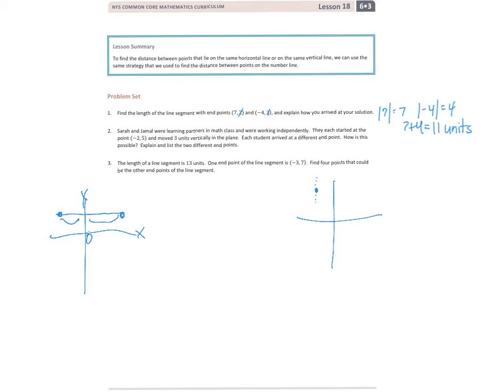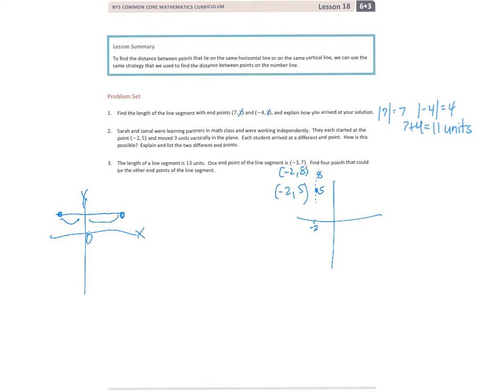Well, she could have counted up and Jamal could have counted down, or the reverse, right? So here's my negative 2, and I went up 5. They moved 3 units vertically, so 5, 6, 7, 8. They'd end up at negative 2, 8.